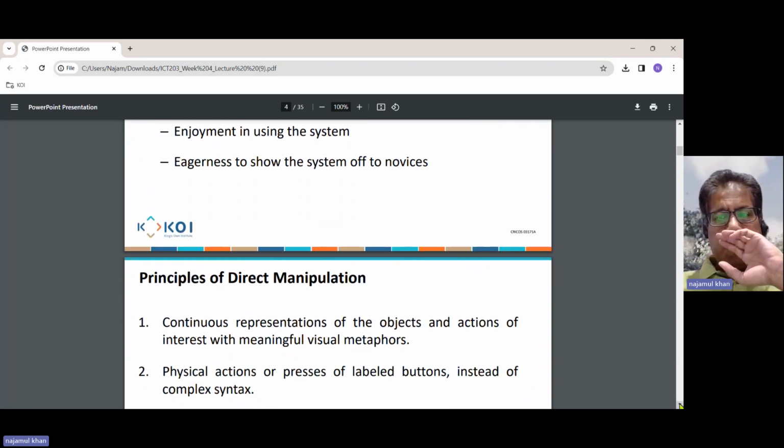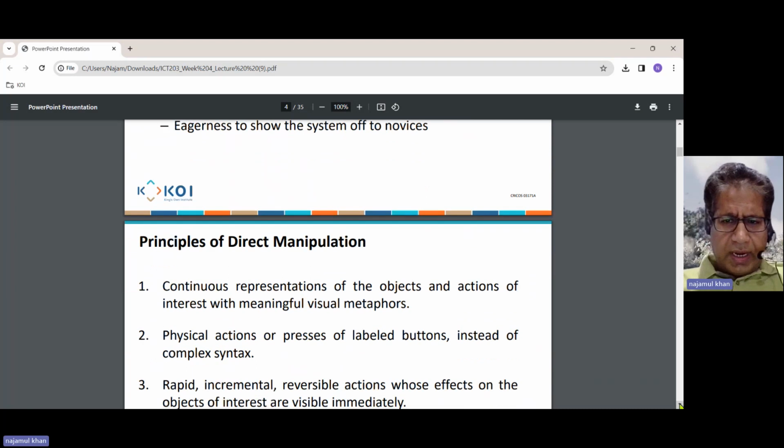Now some of the things we're going to look at are continuous representation of the objects and actions of interest with meaningful visual metaphor. This is what happens when you are on a website, how you are directly manipulating it, and that is important as well. There are physical actions which are required, like labeled buttons. We don't want complex syntax. We want to make things as simple as they possibly can be.